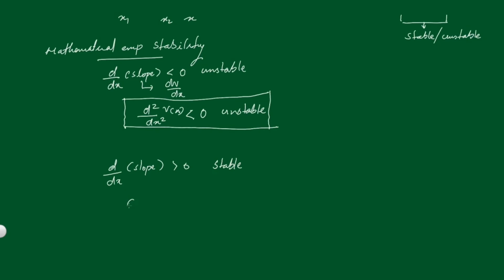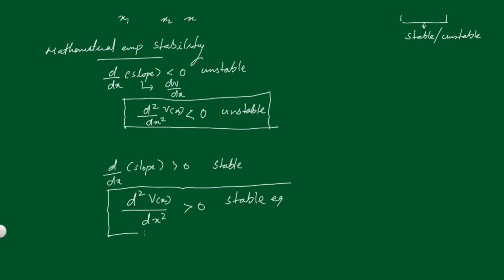That means d square v of x by dx square, if it is greater than 0, then it will be a stable equilibrium point. So we found the mathematical expressions for stable and unstable equilibrium points.